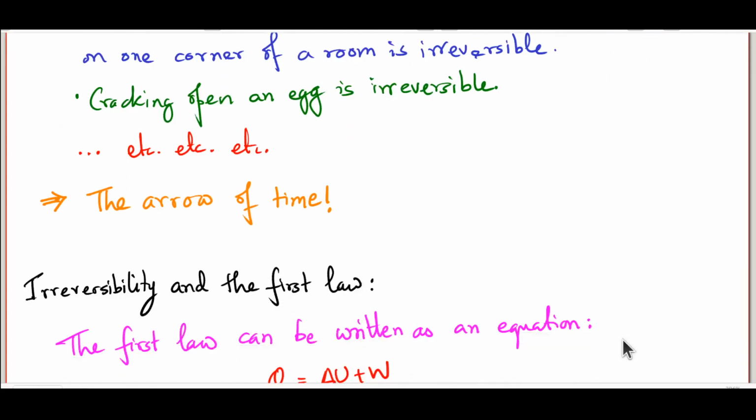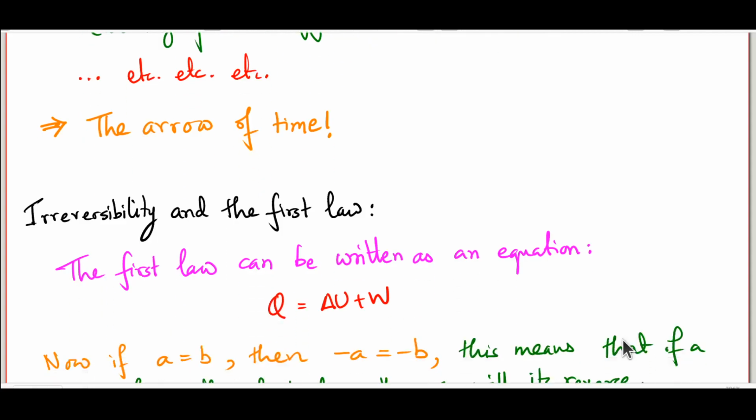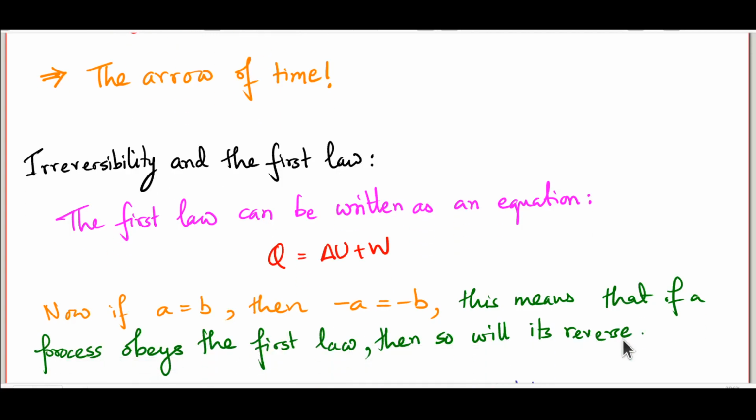Well, as we have seen in previous lectures, the first law can be written as an equation: Q equals delta U plus W. Now, one property of an equation is the following: if A equals B, then minus A equals minus B. This means that if a process obeys the first law, so that Q, delta U and W for that process obey the equation written here, its reverse, which will have heat minus Q, change in internal energy minus delta U, and work done by the system minus W, will also satisfy the same equation. So if a process obeys the first law, then so will its reverse.